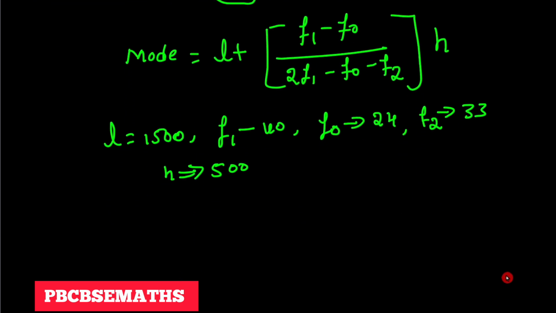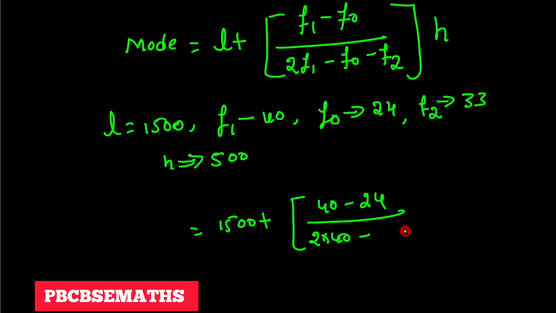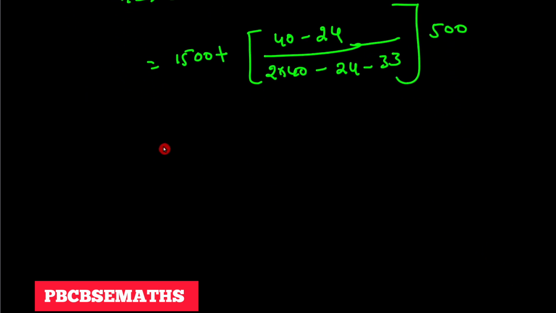Now let's substitute all these values in this formula. Then we have L, that is 1500, plus F1 value 40 minus F0 value 24, divided by 2 into 40 minus F0, that is 24, minus F2, that is 33, into H value 500. Now we will simplify this.